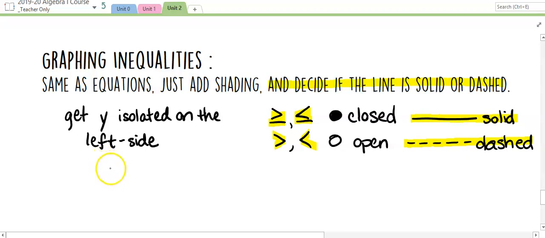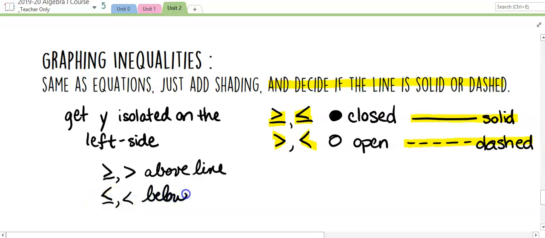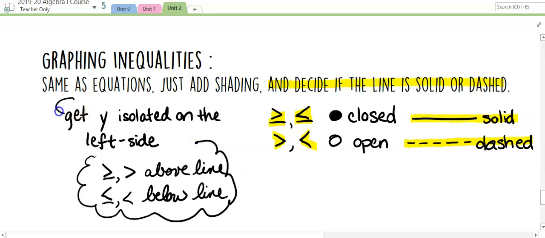From there, if the symbol is greater than or equal to, or strictly greater than, we're going to shade above the line. And if it's less than or equal to or strictly less than, we will shade below the line. But again, this only holds true if you have y isolated on the left side. Otherwise, this trick will not work.